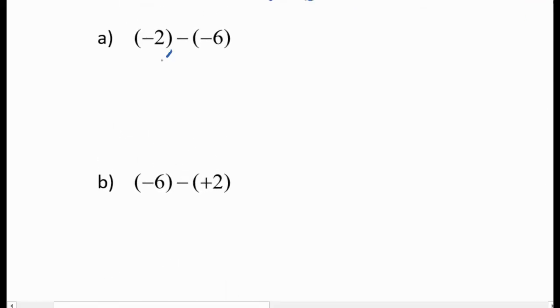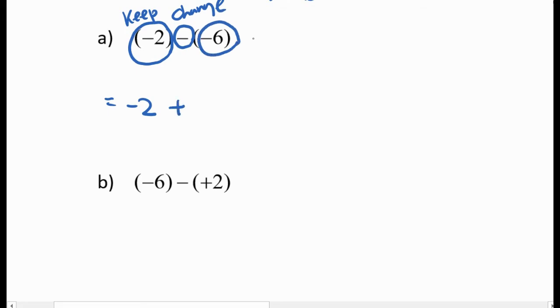We're going to keep the first number, change the middle, and change the second number to positive. If you change negative, minus becomes plus. If you change negative 6, it becomes positive 6. So you have negative 2 plus positive 6.